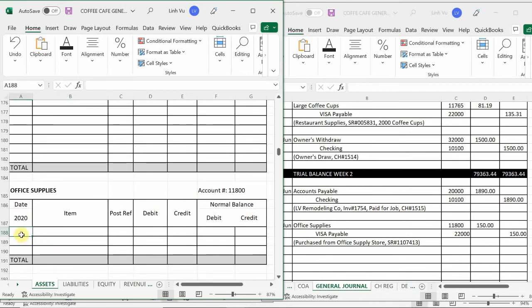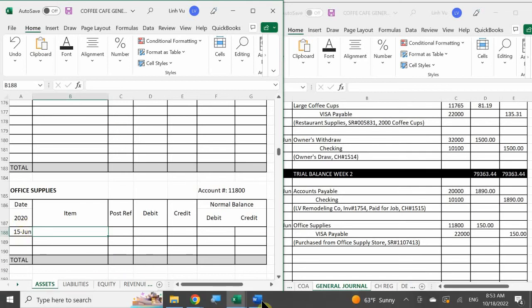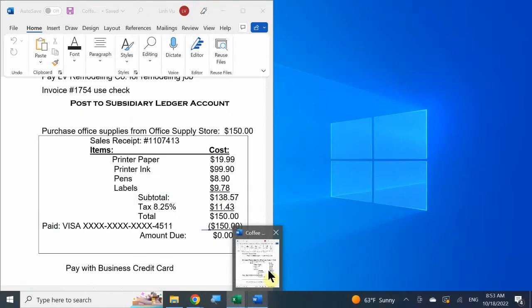Can we list the items here? You can. So what did we buy? Paper. We bought paper, some printer ink, some pens and some labels.